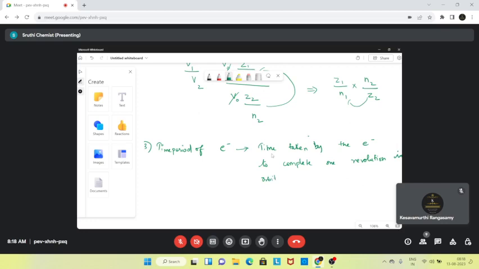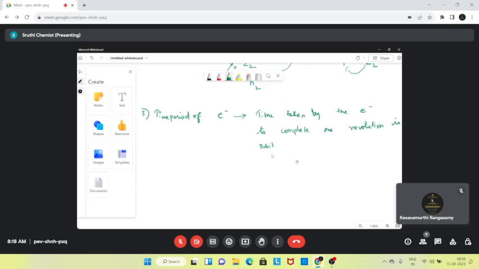Again, for that we have a formula. The time period Tn is equal to 1.5 × 10^-16 n cubed divided by Z squared.